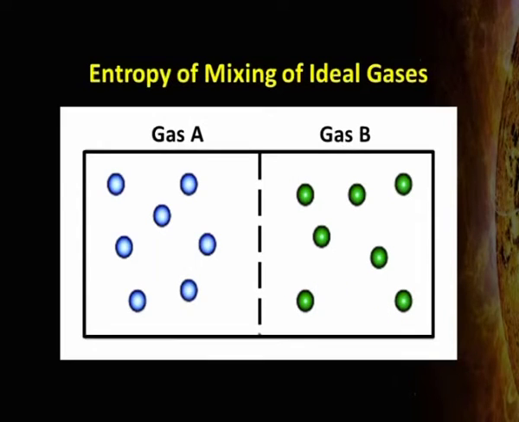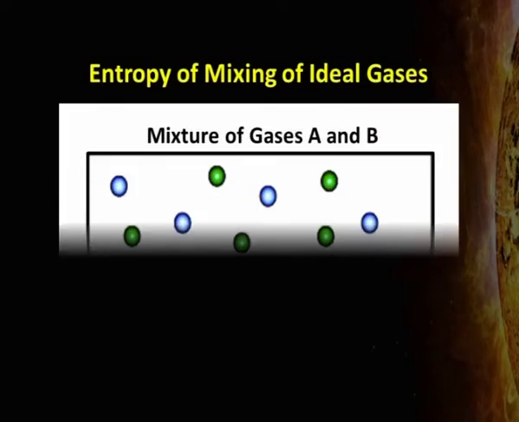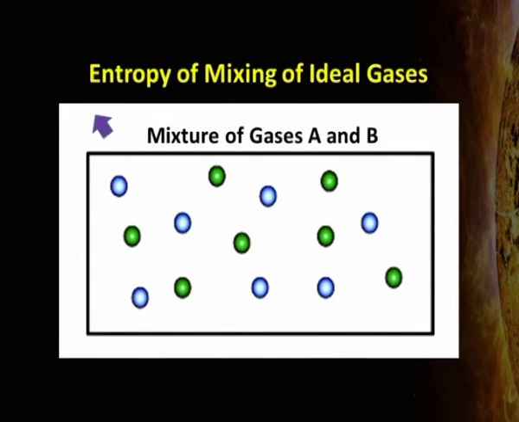The volume of gas A is equal to Va, and that of gas B is equal to Vb. These two gases are separated by a partition, but if this partition is removed, these two gases will diffuse randomly and will make a homogeneous mixture. You can see this process in the figure. The two gases have diffused to make a homogeneous mixture.